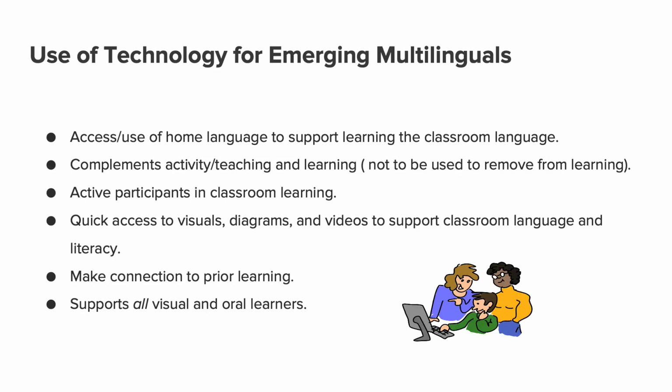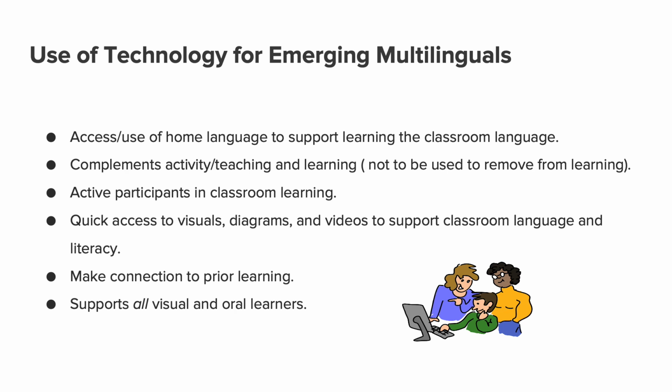So there is a lot of technology out there that can support your emerging multilinguals and everybody in your class. It's exciting because it gives EAL students of all levels, beginner, intermediate, advanced, access to their home language to support the classroom content.